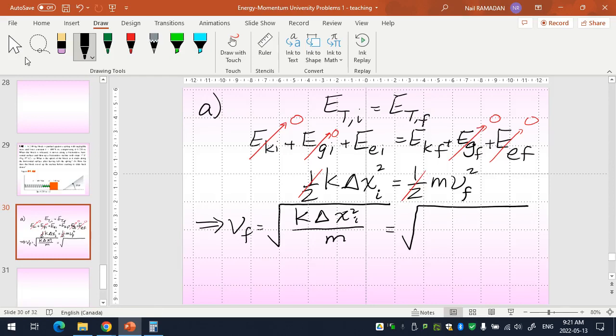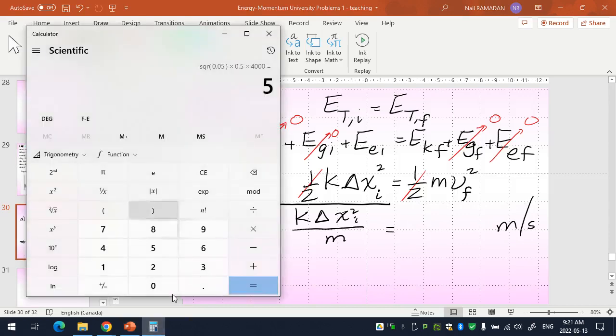Let's plug in the numbers. I'm going to do it in one shot. The answer obviously is going to be a speed, so it's meters per second. All right. K is how much? 400. Okay, what was the compression? What was the delta X? So I'm going to do that first: 0.22 squared times 400 divided by how much mass? 2 exact.